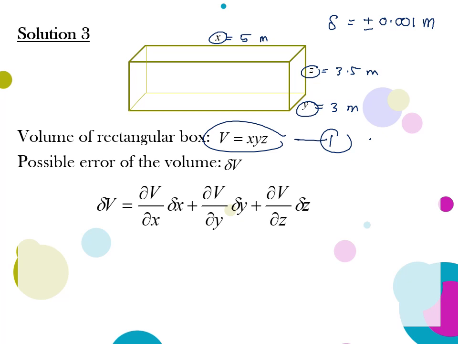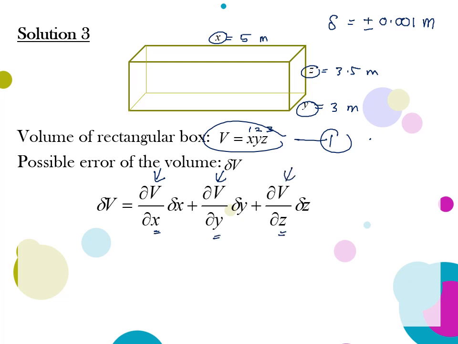So it's just left for us to apply the formula for finding the delta of our volume, where we need to partially differentiate with respect to each of these variables, multiply with their increment and sum for all the variables. So you have three variables here: x, y, and z. So you will have three partial derivatives, with respect to x, y, and the third one with respect to z.